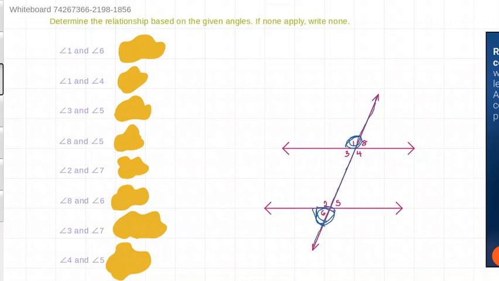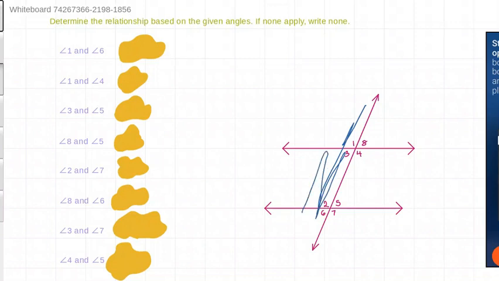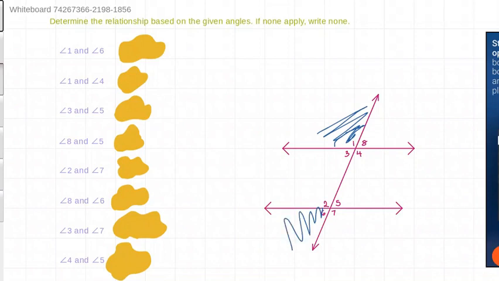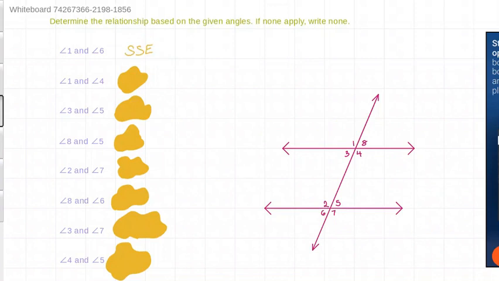So they're on the same side of this line, which is our transversal. And 1 is on the exterior side, it's on the outside, and 6 is also on the outside. So since they're on the same side and they're both on the outside, this would be same side exterior.